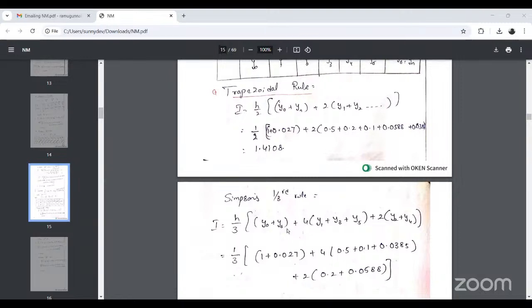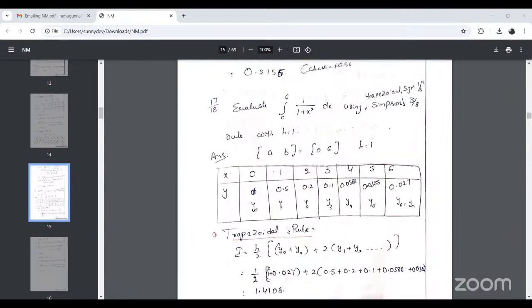See next. Evaluate the integral from 0 to 6 of 1 by (1 plus x square) dx using the trapezoidal rule, Simpson 1 by third rule, and Simpson 3 by 8 rule. Okay, for 0 to 6, the h value is already given as 1.